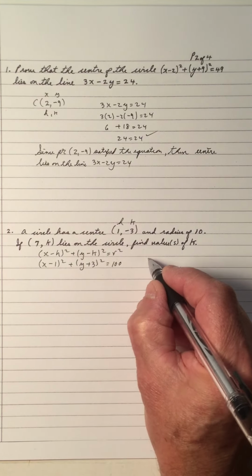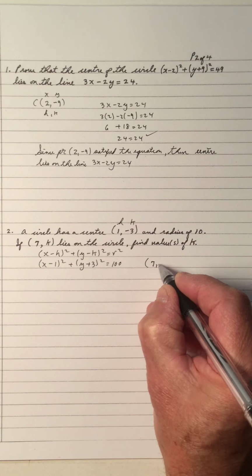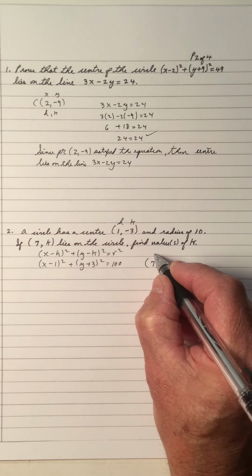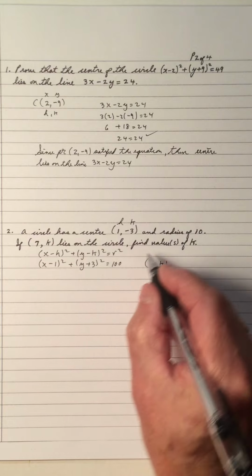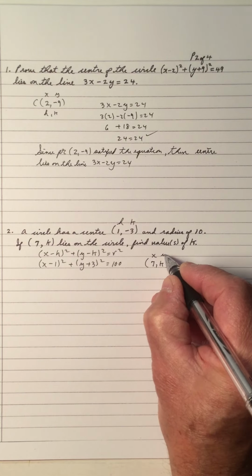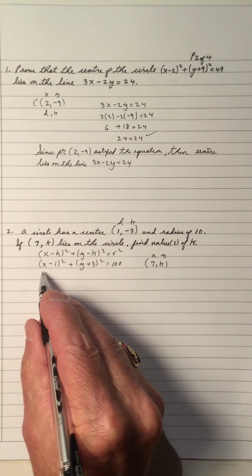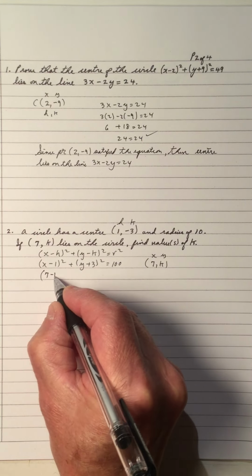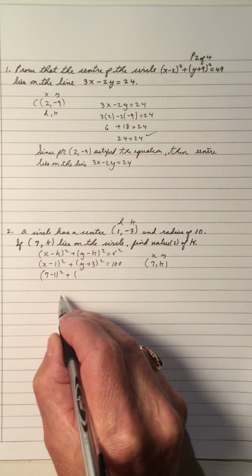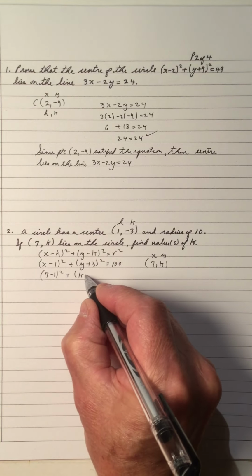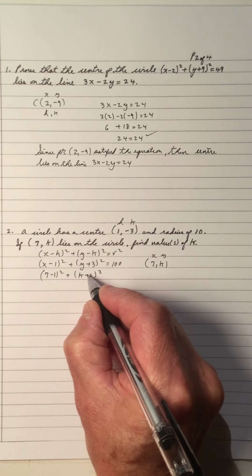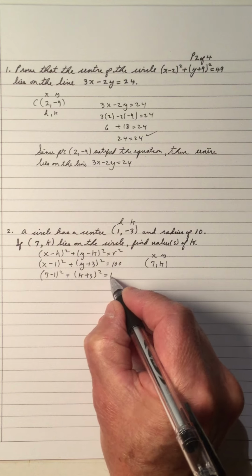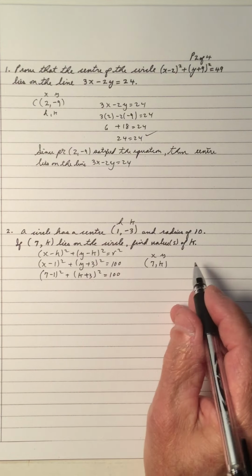So if we take the point (7, k), now that's x and y, so x is 7, y is k, sub that into this equation, so subbing that point in makes the equation true.